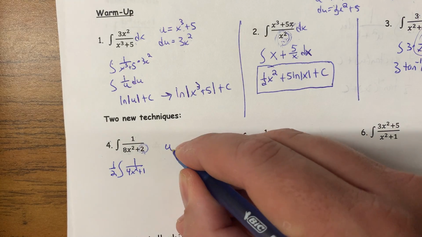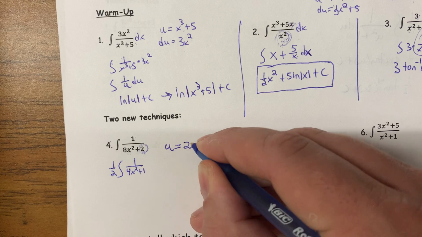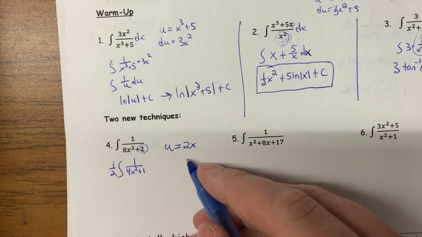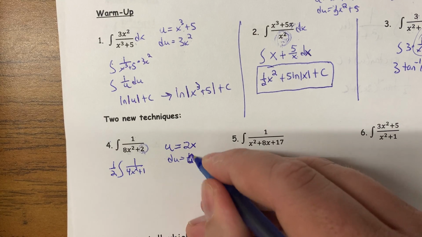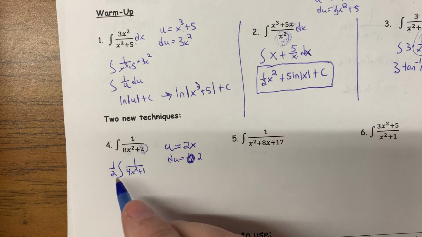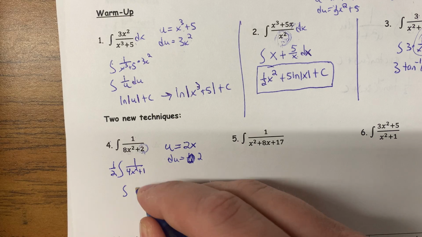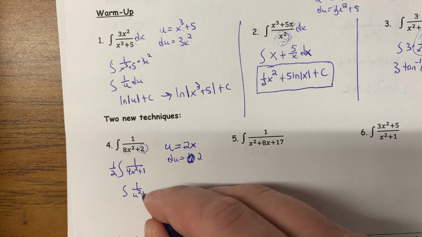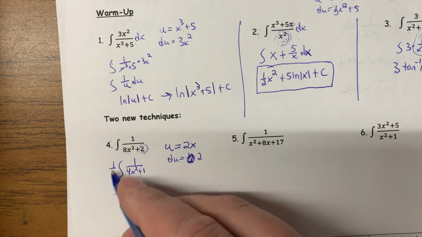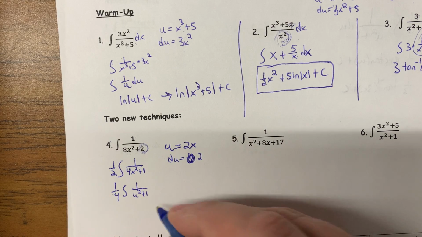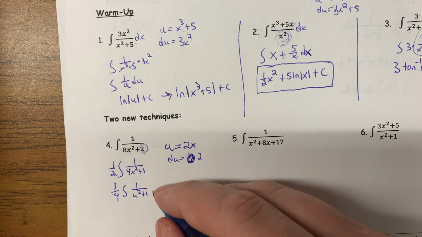Hopefully, you saw that u here should be 2x, and then du would be 2. We're going to divide by 2, and it's going to factor out 1/2. So this is the integral of 1 over u squared plus 1, and we need to divide by 2. I'm going to bring that to the outside. 1/2 divided by 2 is 1/4, and this hopefully is where you got to.